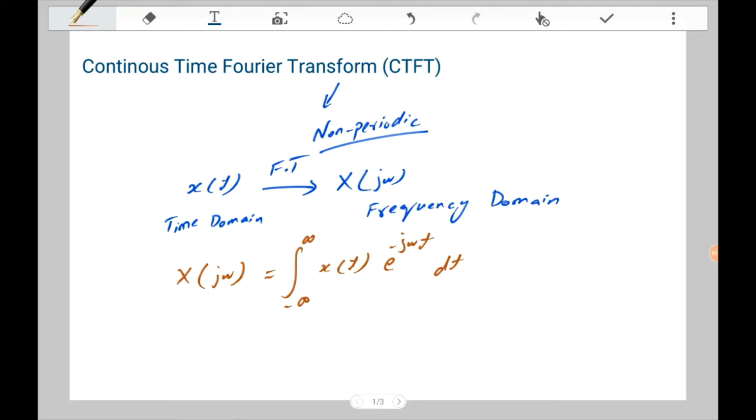So this formula will help us to convert our signal x of t, which was a continuous signal in time domain, into frequency domain.